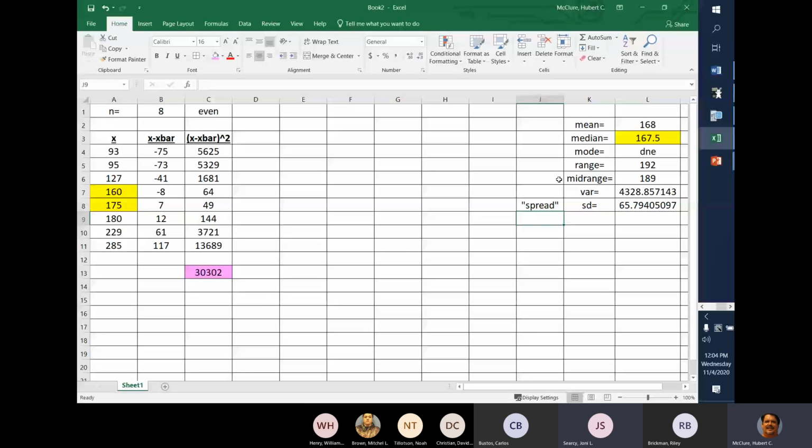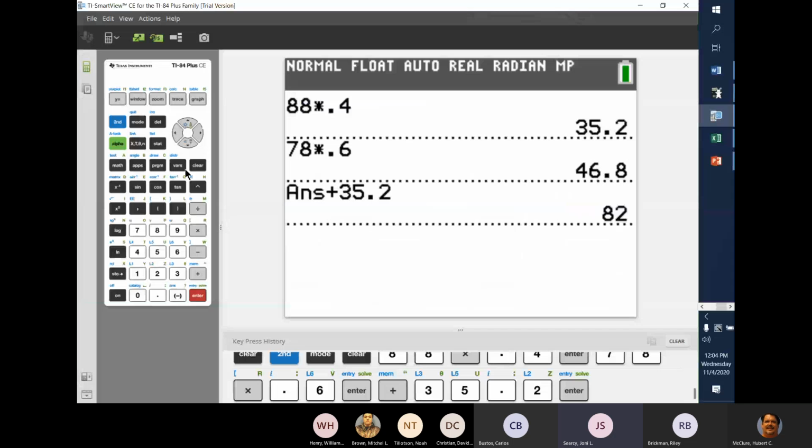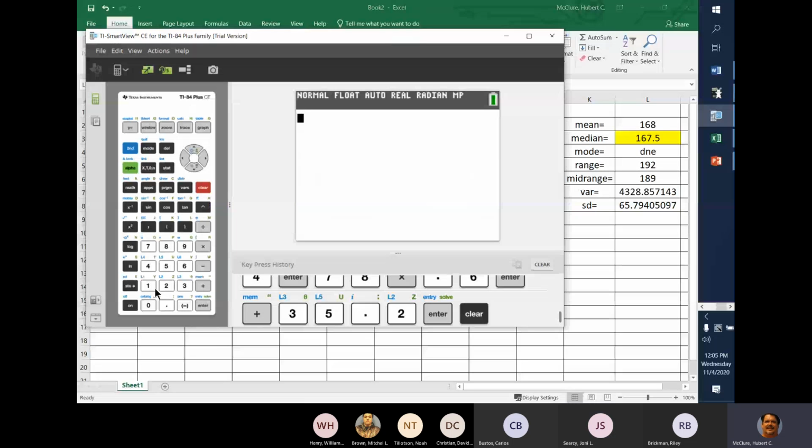Yes. In other words, if you were doing this in a calculator, you would say 4328.857143, and I'm going to raise that to the 0.5 power.